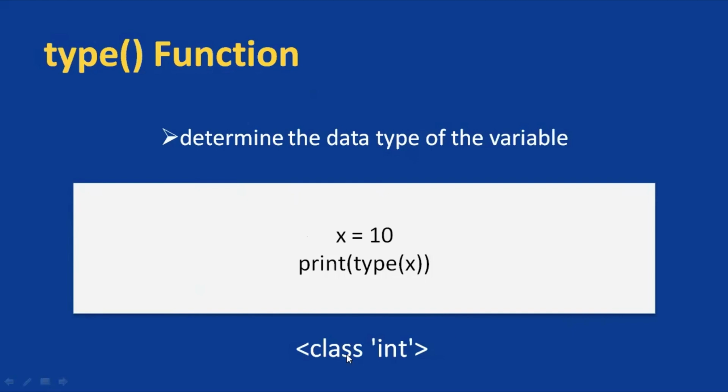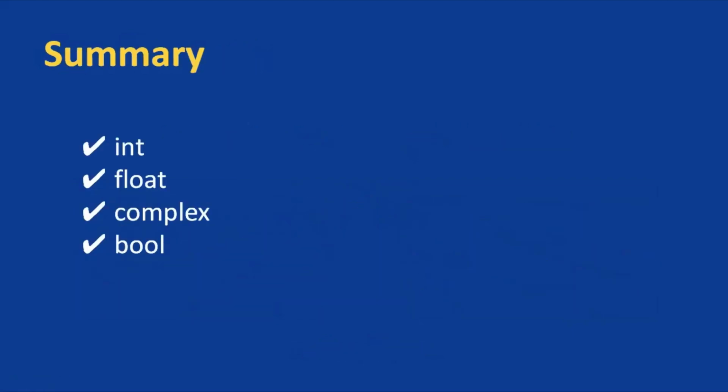The result will be the class int. If I give another example, x equal to 10.9, the result will show float. What is the purpose of the type function? It is used to determine the data type of the variable. I hope it's clear.